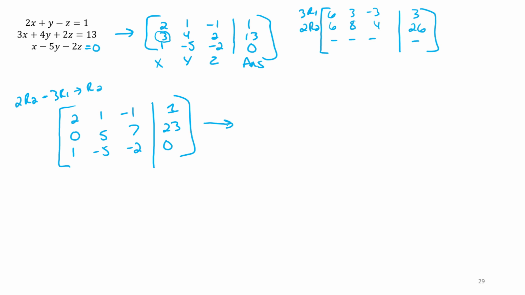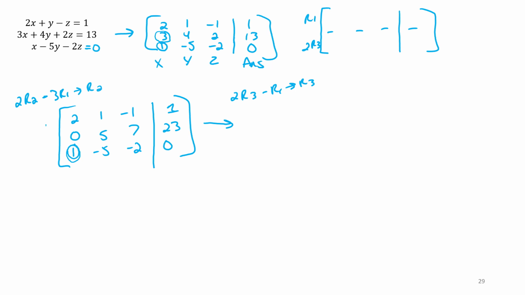So now we're going to try to get this one right here to equal 0. We could do 2 times row 3 minus row 1 and return it to row 3. So row 2 stays the same, and row 1 stays the same.